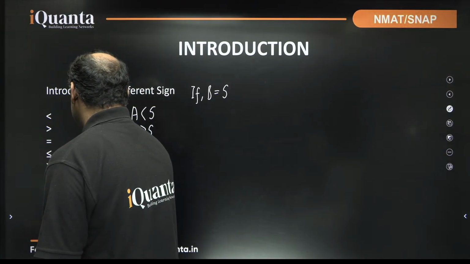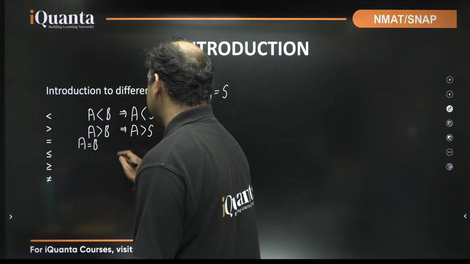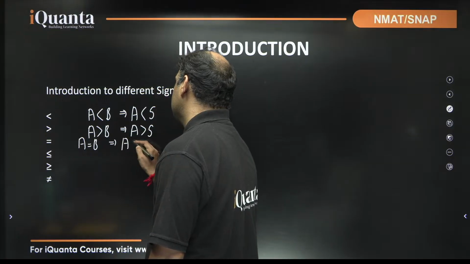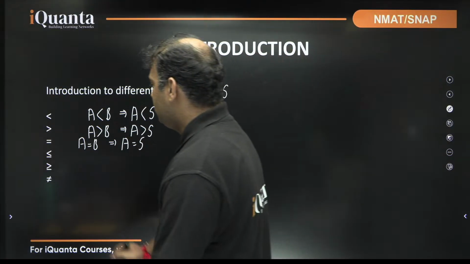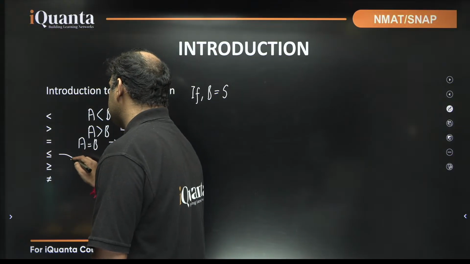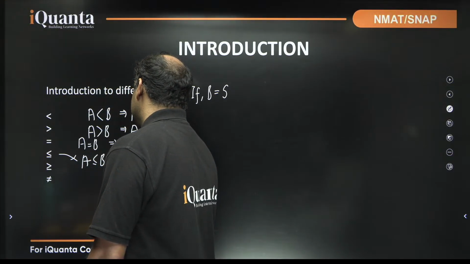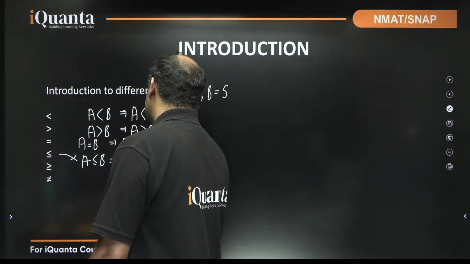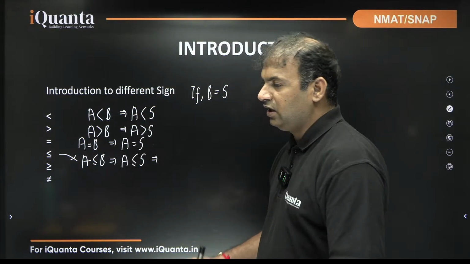Next, guys, if we assume A is equal to B, with the sign of equal to, that means A is equal to 5, because we have considered B as equal to 5. Now, less than equal to. Suppose you are saying A is less than equal to B and the value of B is 5. That means A is less than equal to 5. So guys, in this case, the value of A can be equal to 5 as well.